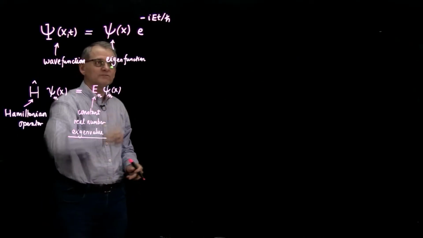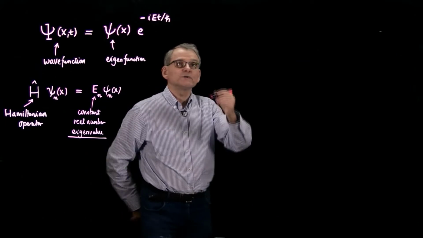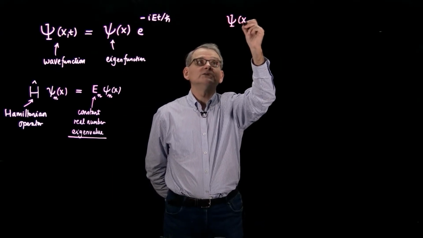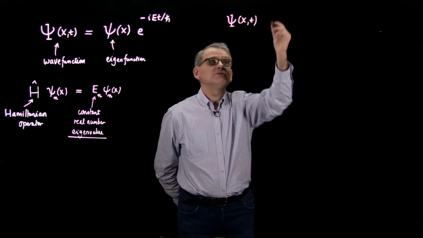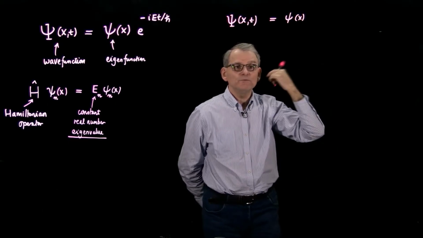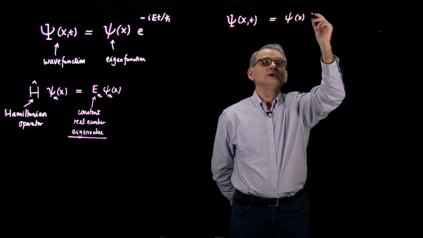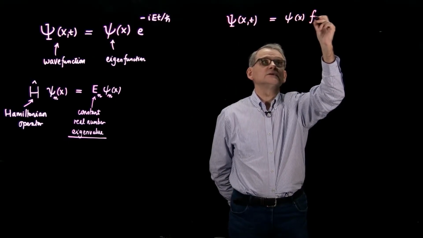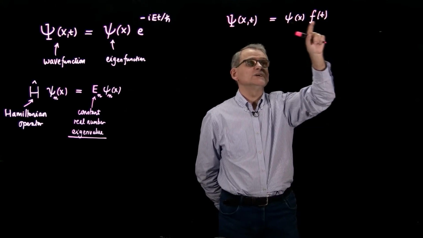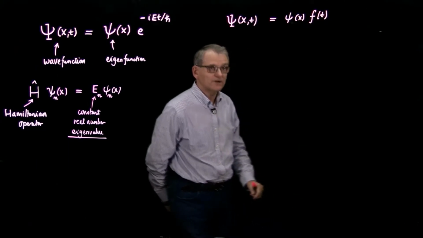Now where does this come from? It comes from the following. What we do is we postulate that you can write in general a wave function as a product of two functions, one that depends entirely on position, and the second one which depends solely on time.